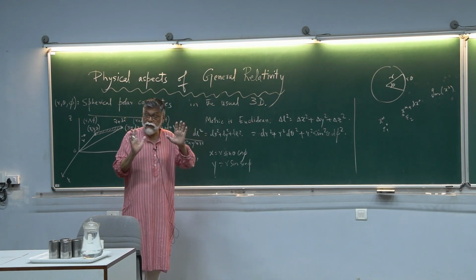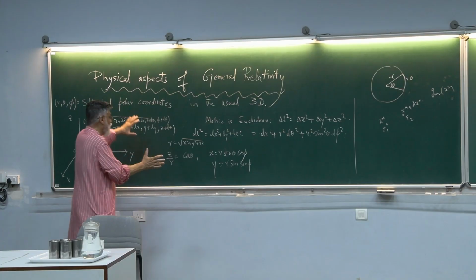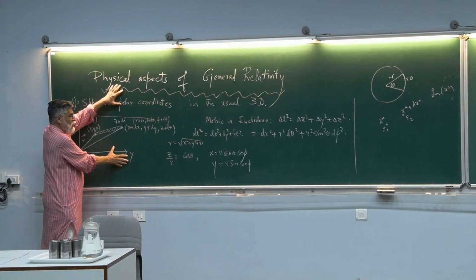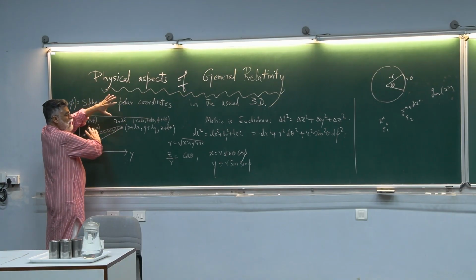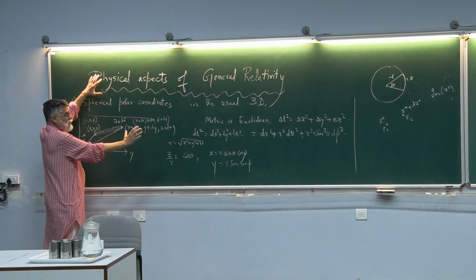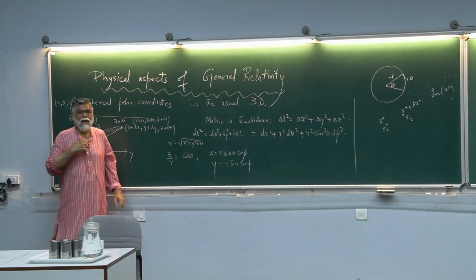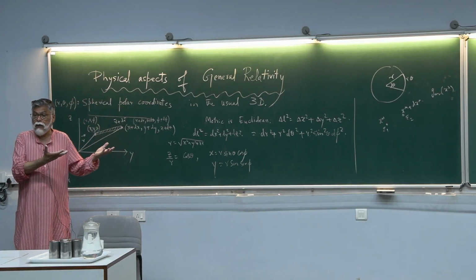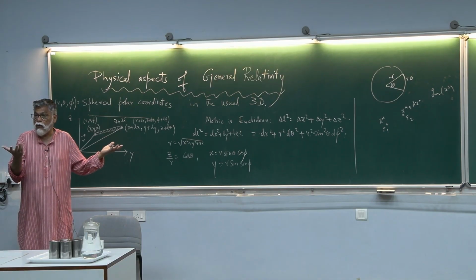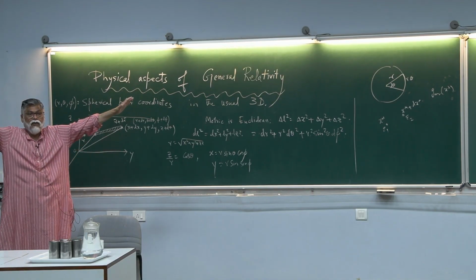But here there is a non-trivial problem. Unlike in the case of three-dimensional space, where you had a global Cartesian coordinate system and therefore you could relate the spherical polar coordinate system to the Cartesian coordinate system, here you don't know how to set up a global Minkowskian coordinate system.